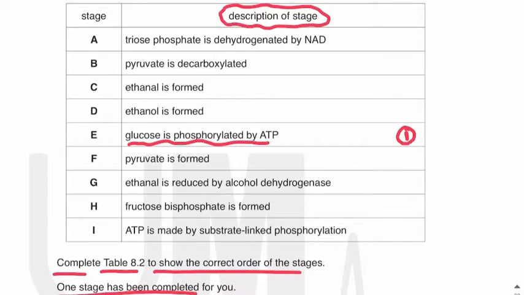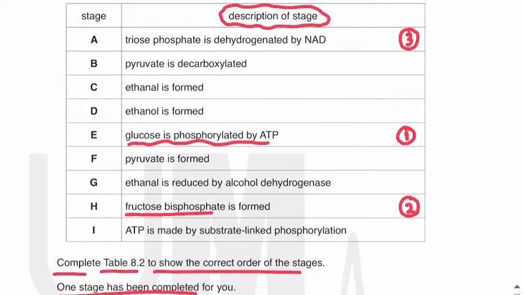After the glucose is phosphorylated, hexose bisphosphate, or we can say fructose bisphosphate, is formed. This is the second stage. Then the fructose bisphosphate is lysed into two molecules of triose phosphate. The triose phosphates are then dehydrogenated by NAD to form reduced NAD. So this is the third stage.